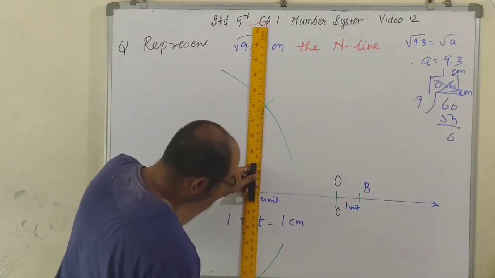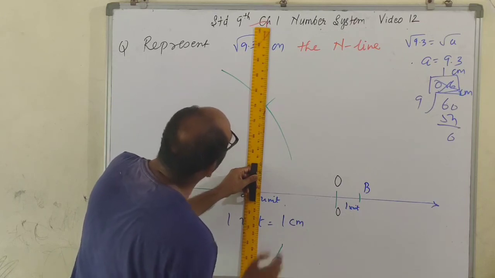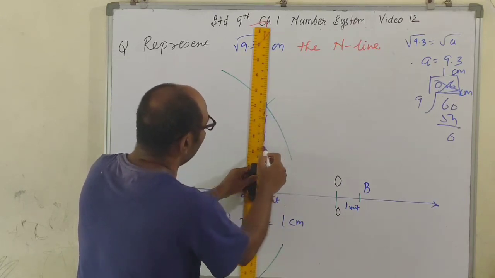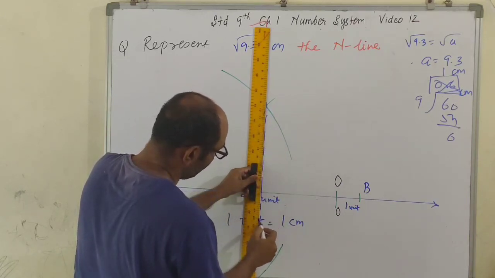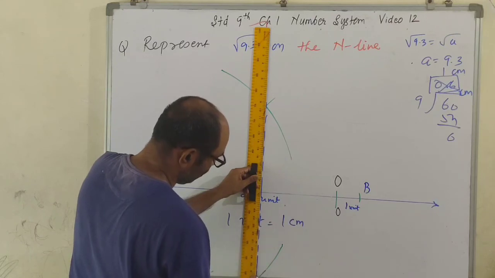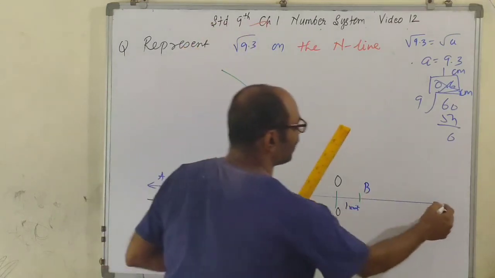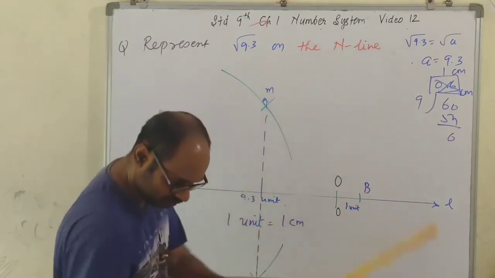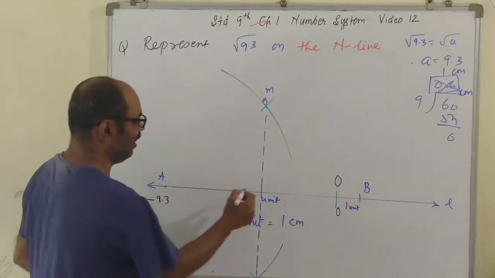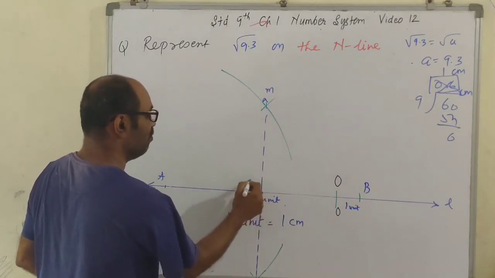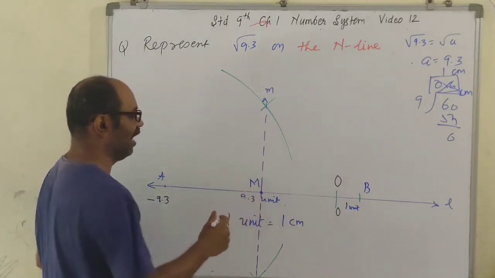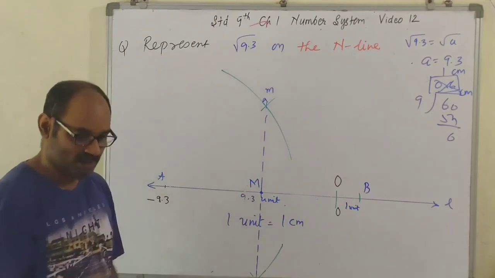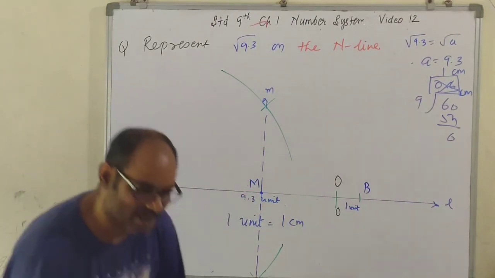Line through these 2 points is perpendicular bisector of this line, which I am calling it L. इसको मैं M कह दूंगा, this line. Alright? So you got the perpendicular bisector. It intersects here. Midpoint के लिए the name that I will give is M. So you got the midpoint of line segment AB.